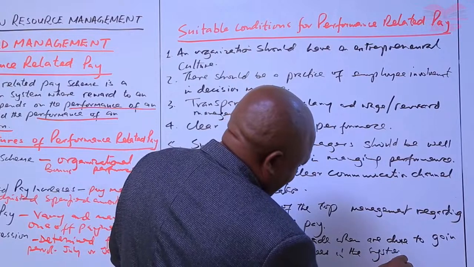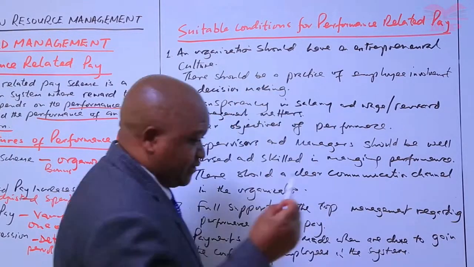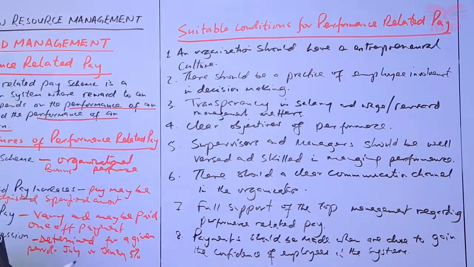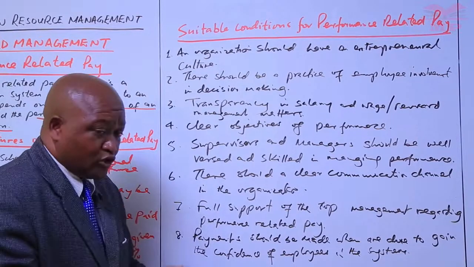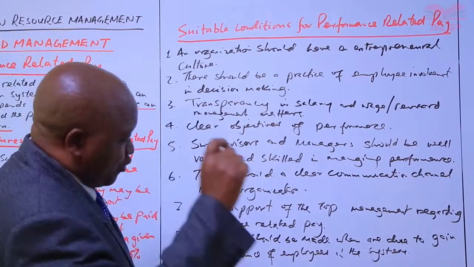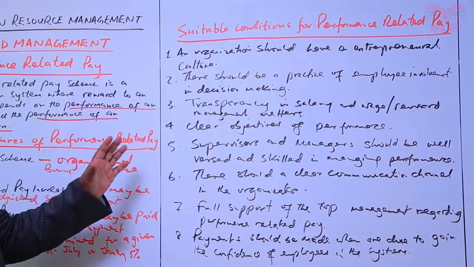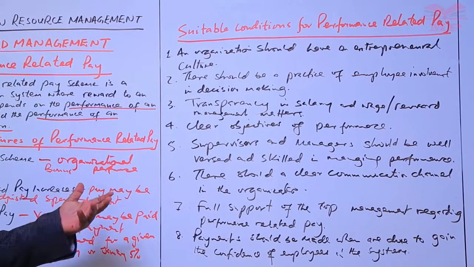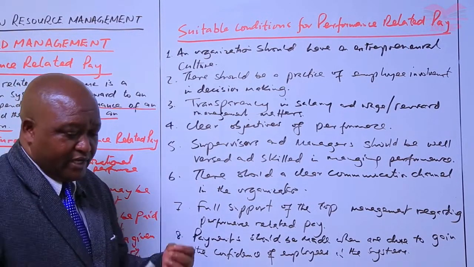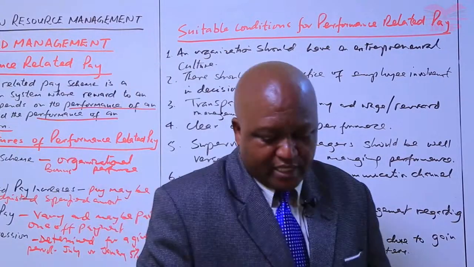Workers will give the system the benefit of the doubt, and they will want to see one cycle. If they agree on what is supposed to be paid, they produce on their part, and the organization gains, the workers will be waiting to see whether management makes that commitment in terms of payment. If those payments are made, then workers can support the system.